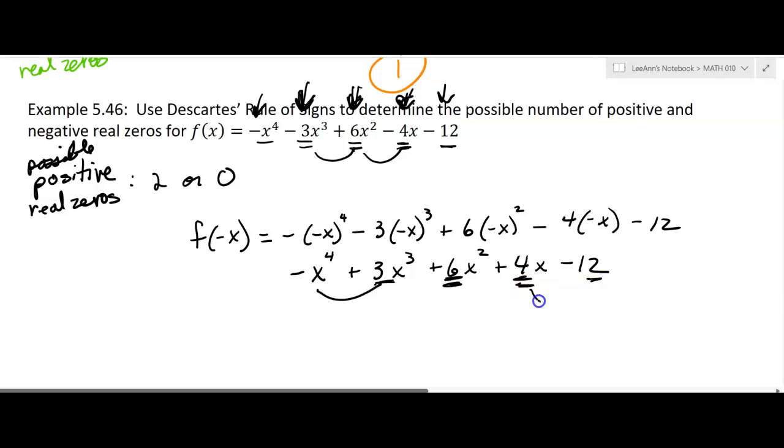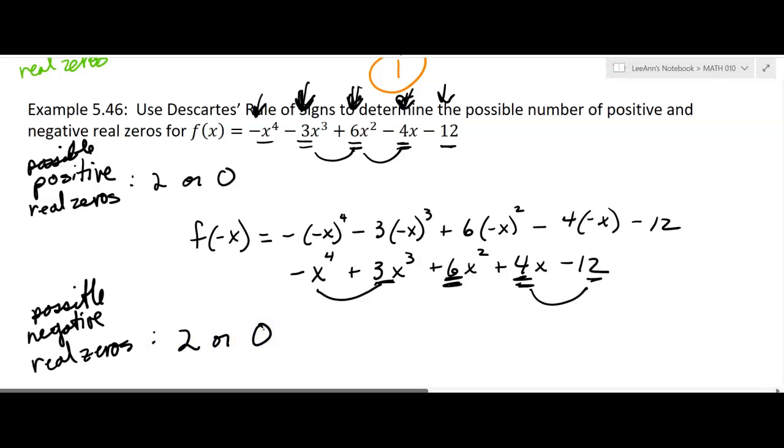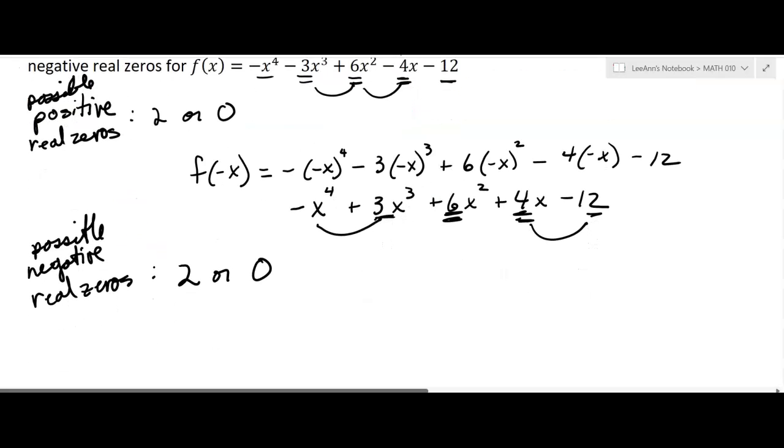Positive, negative, sign change. So possible negative real zeros. Looks like there's 2 or 0. Now you might be asking about, well, what about the zeros that aren't real, like if it had an i in it? We'll talk about that in another video.